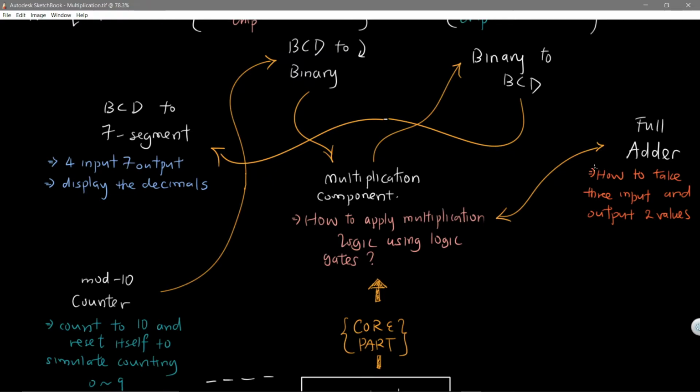So a full adder is a component that takes in 3 inputs and produces 2 outputs. The 3 inputs are the first data, the second data, and a carry data from a bit before it, and the outputs are a sum and a carry output. So this is the full adder. And I will explain that in detail later also.